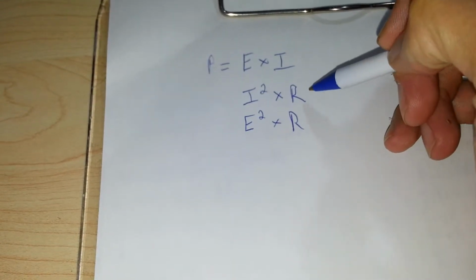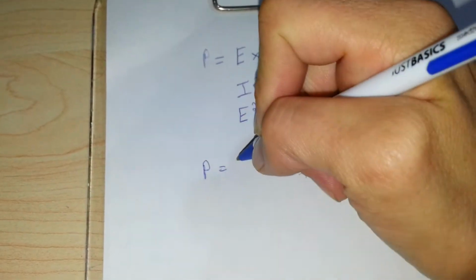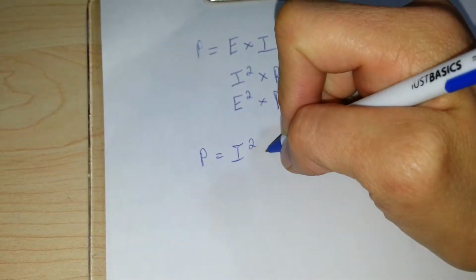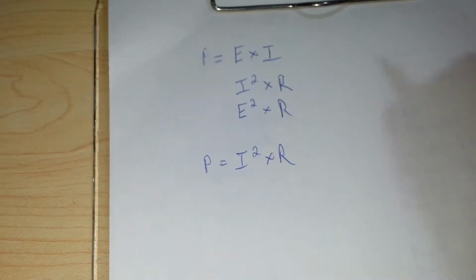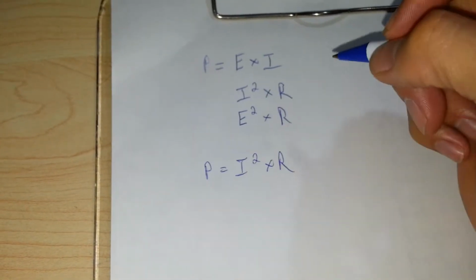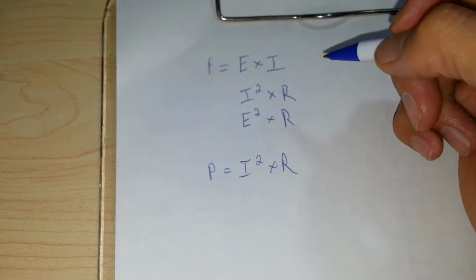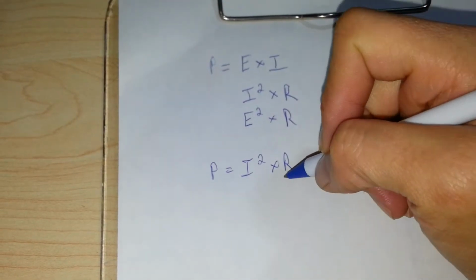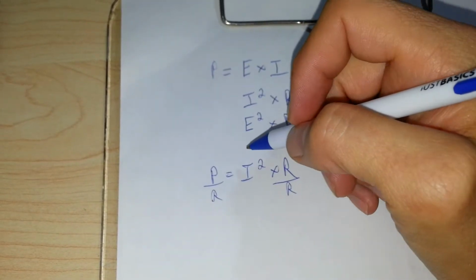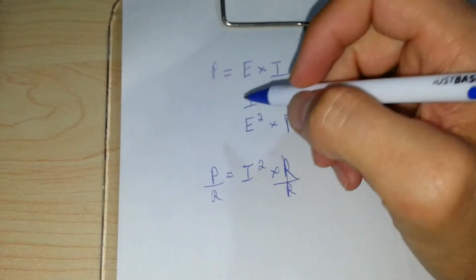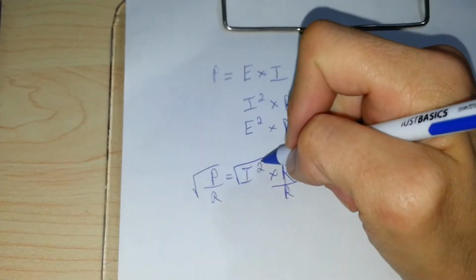So when we come down here, we have P equals I squared times R. And let's say we wanted to solve for I. I believe that's what I was wanting to do. To get I by itself, you would divide R on both sides, and then you would take the square root. So that would cross out, and you would take the square root of I squared, and that would cancel those out.